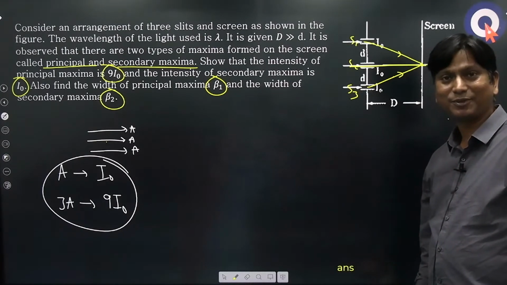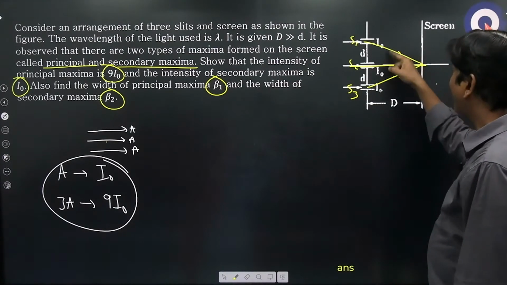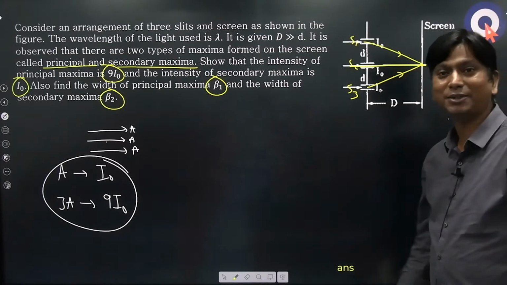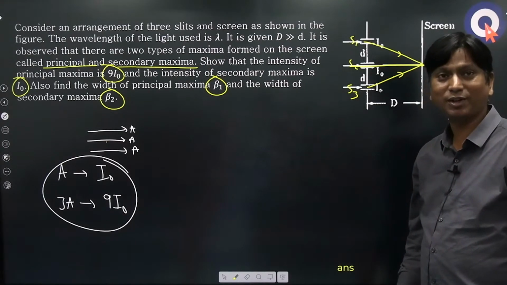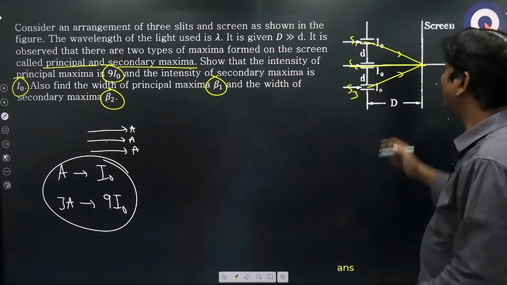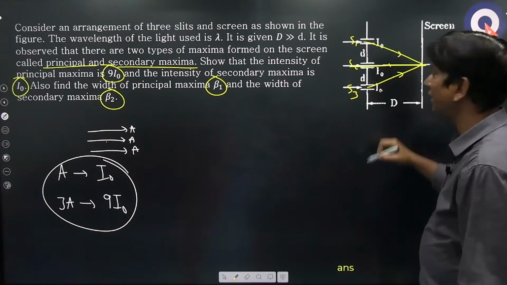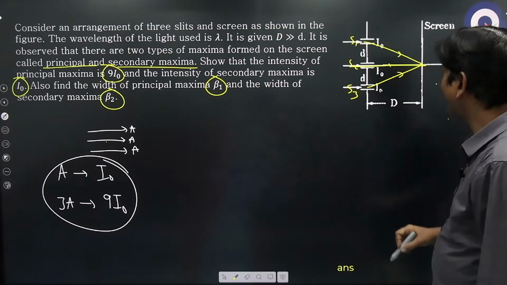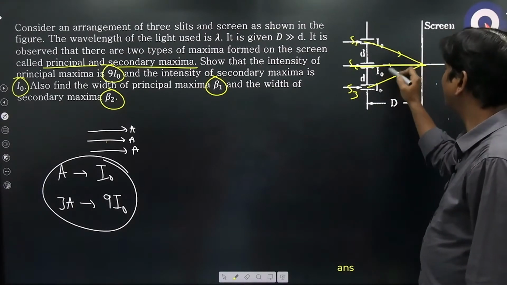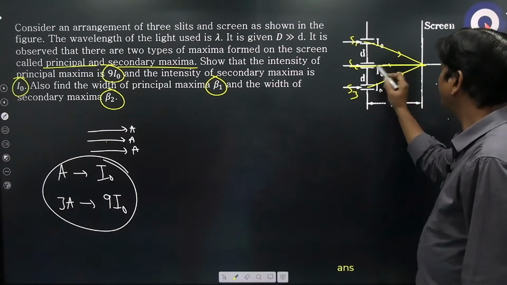Correct or not? So then definitely all these 3 will make a maxima here, central maxima, what they will call, right? So for that, what is the condition? Between these two, you should get lambda, right? So what is the path difference between these two?